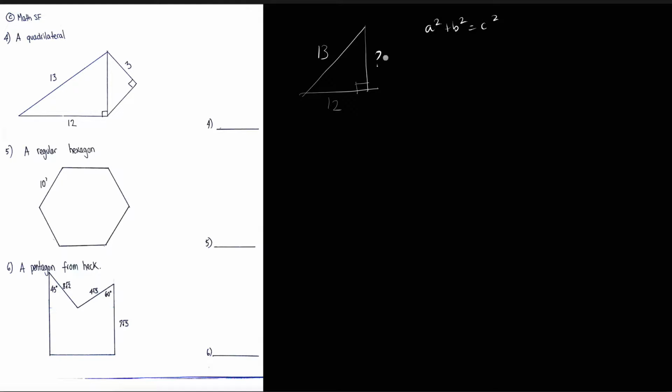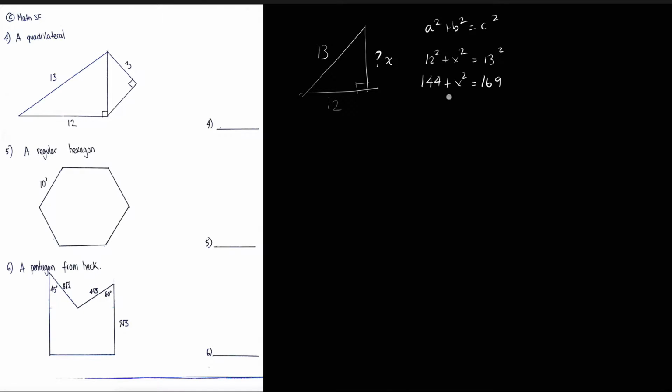Arbitrarily, let's call this an x. If this one is an x, I will have 12 squared plus x squared equals 13 squared. And what is 12 squared? If we do that in our calculator, you're going to have 144 plus x squared equals 169.